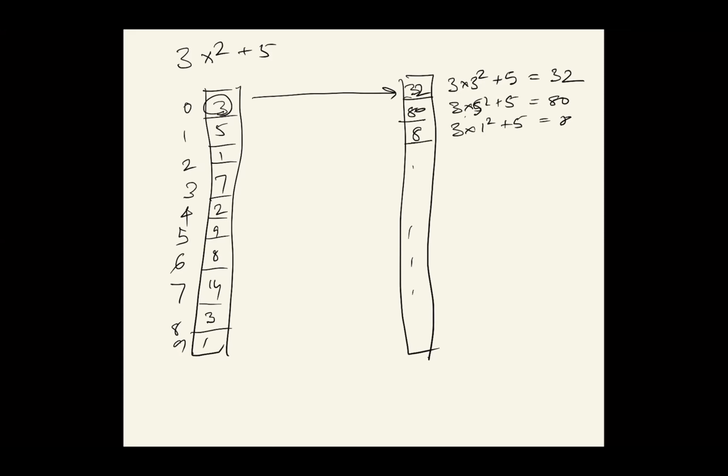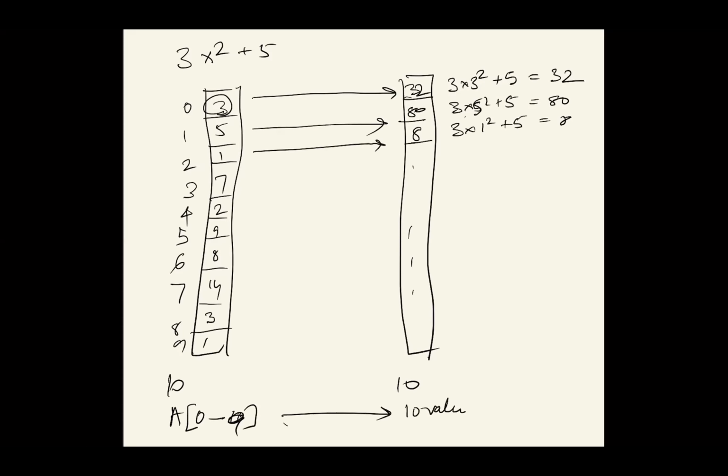So if there are 10 values here, you get 10 answers. Each of these will give you an answer, so you get 10 values. So we will be returning an array. So let's try programming that.